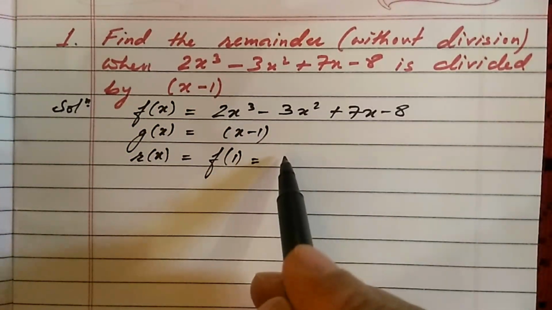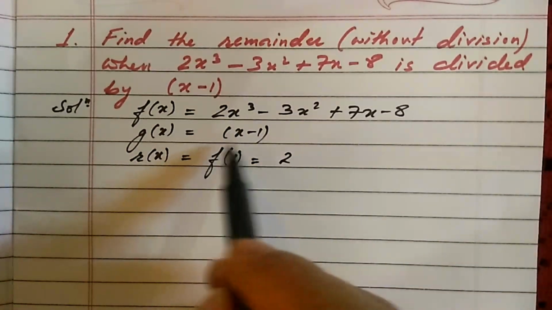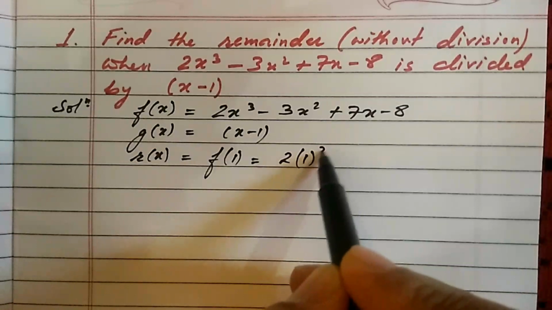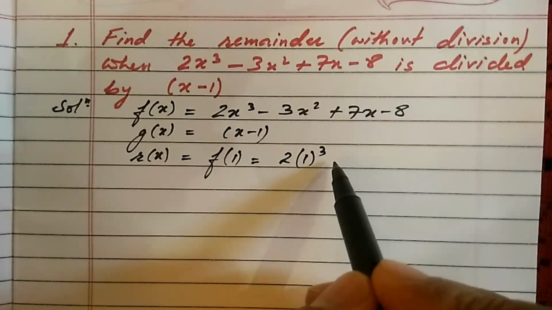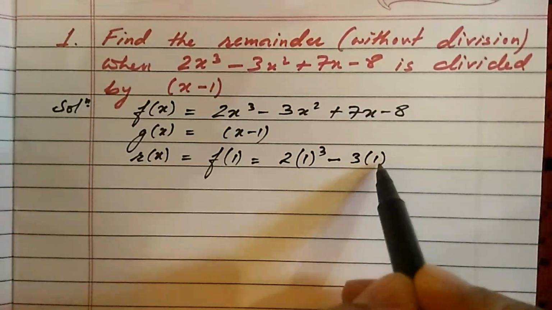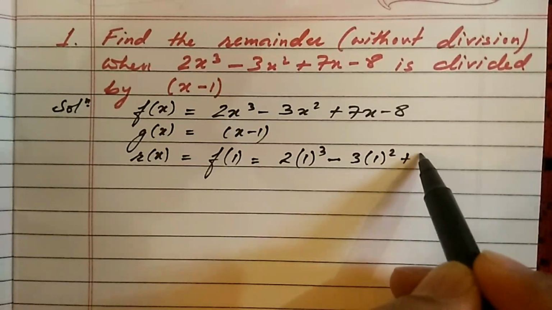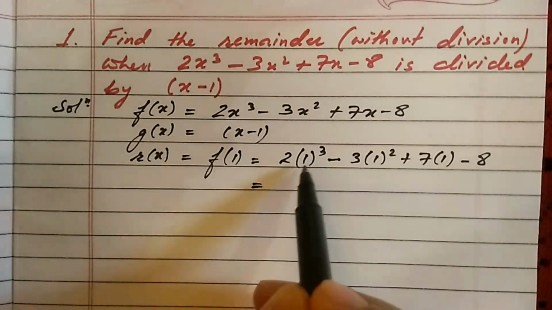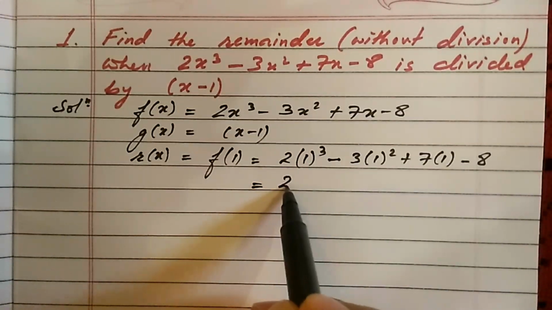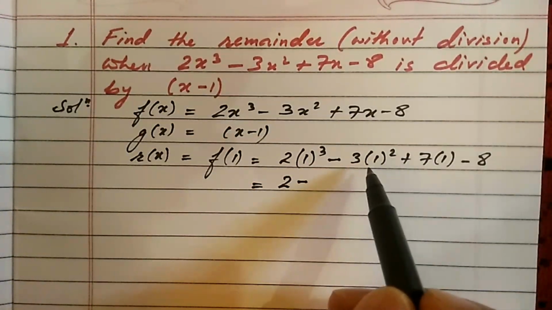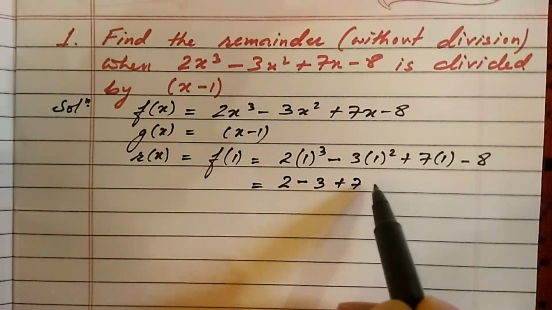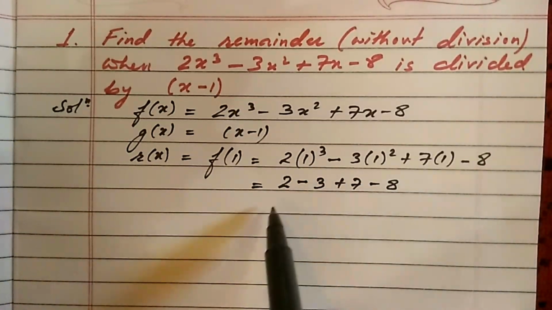Now to get the remainder r(x), we need to simply replace x in f(x) by the value 1. So when I write the value of x as 1, I get 2 into 1 cubed minus 3 into 1 squared plus 7 into 1 minus 8. Here 1 cubed is 1, so 2 into 1 is 2, minus 1 squared is 1, 3 into 1 is 3, plus 7 into 1 is 7, minus 8.